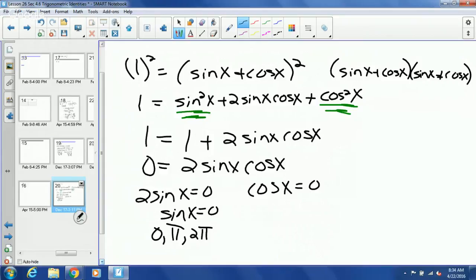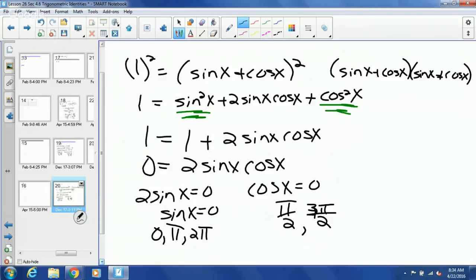Actually, I know 0 and 2 pi are the same, but how about cosine? Where is it equal to 0? That should be a 2.